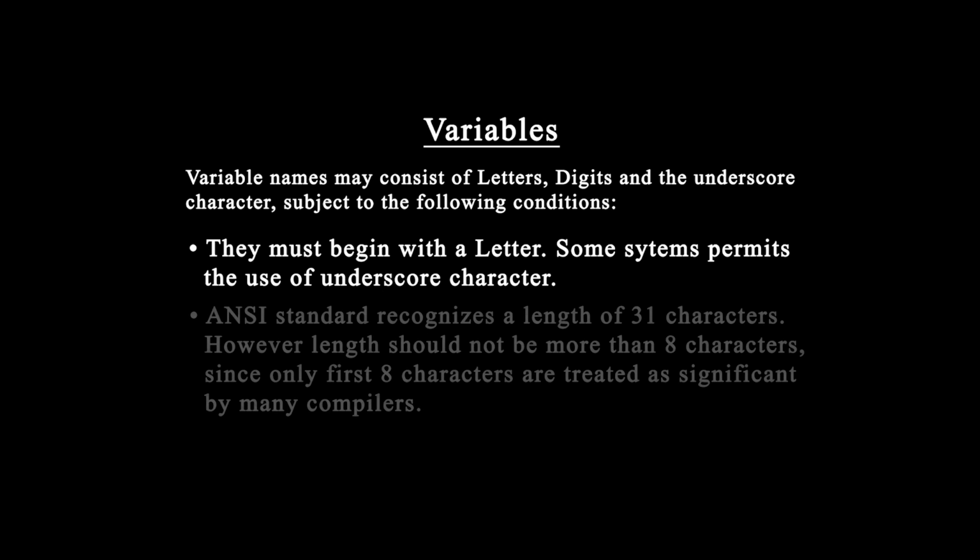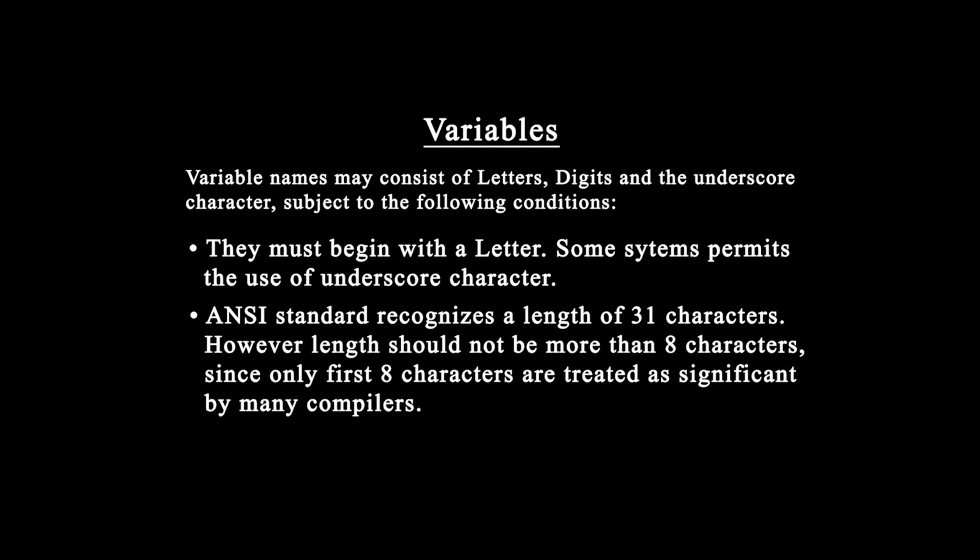Second point is the ANSI standard recognizes a length of 31 characters. However, length should not normally be more than 8 characters, since only the first 8 characters are treated as significant by many compilers. So usually we should use a maximum of 8 characters while defining a variable.